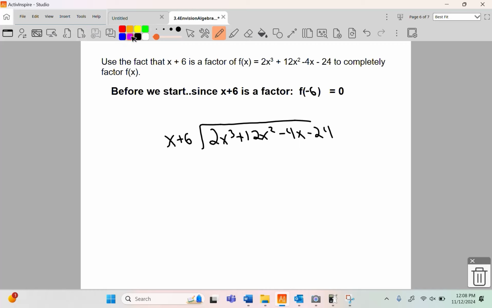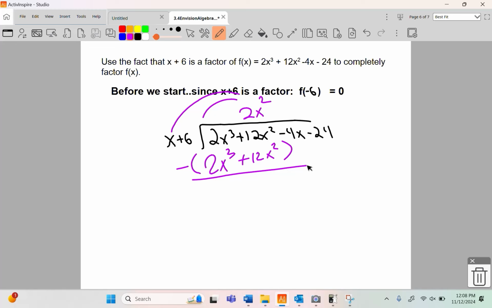if you multiply x by 2x squared, you'll get 2x cubed. Two times 6 is 12, so plus 12x squared. Wrap before you subtract. What happens to both pieces? Both pieces cancel out. So you had to bring down 2 more pieces.